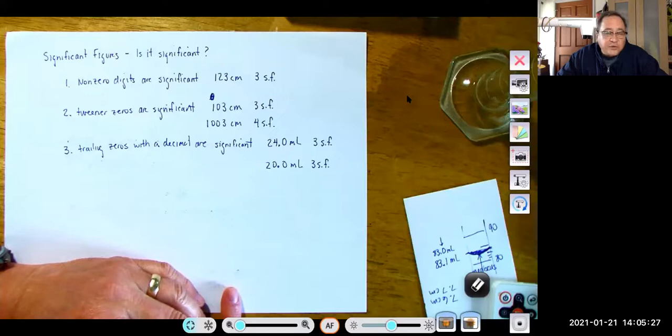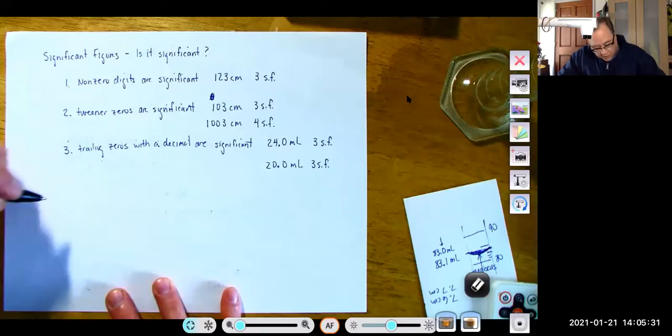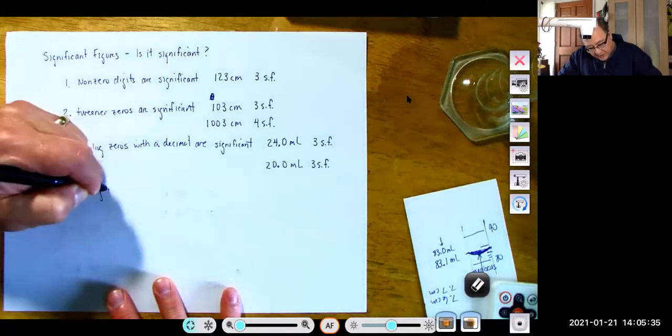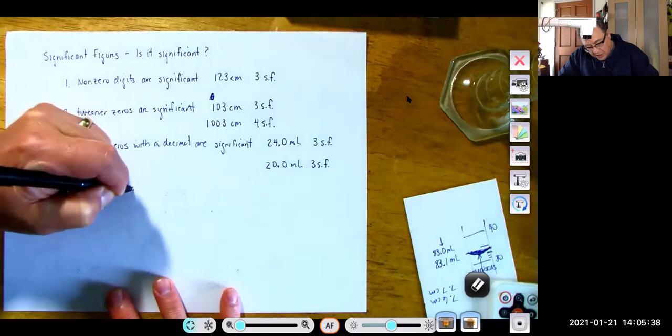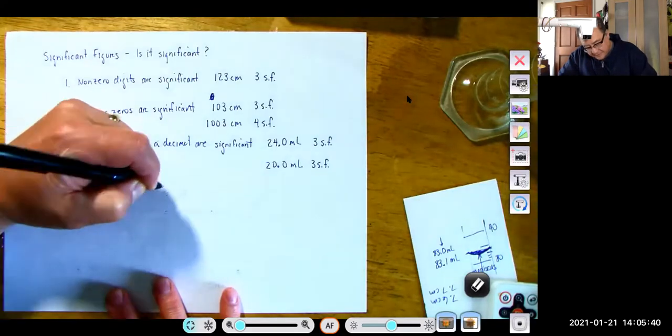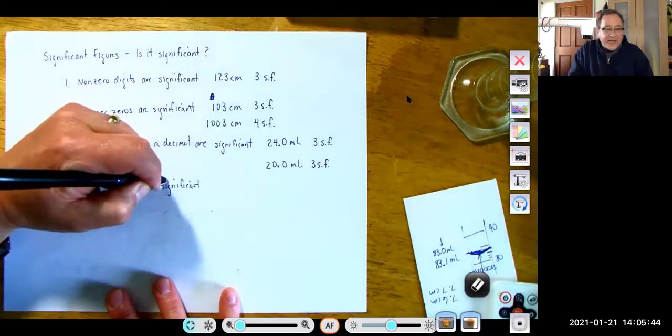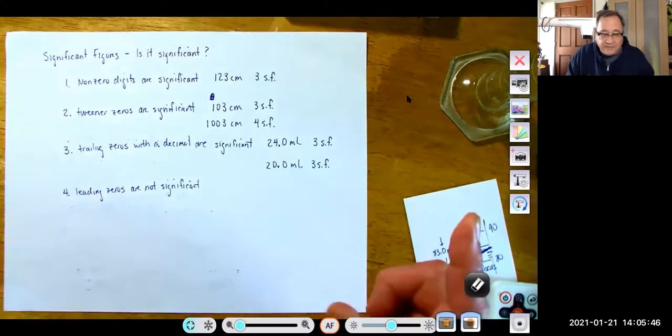Okay, the next two rules are that they're not significant. Four, leading zeros are not significant. Does this say anything about whether you have a decimal or not?